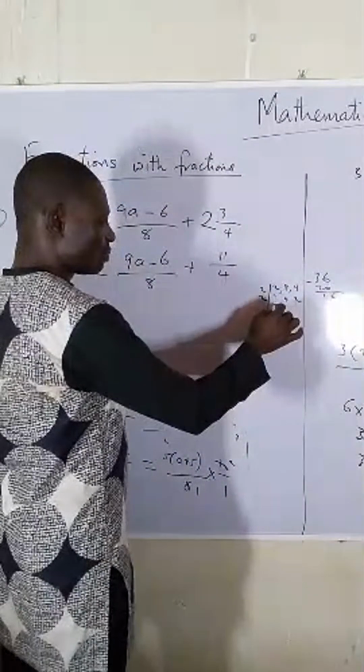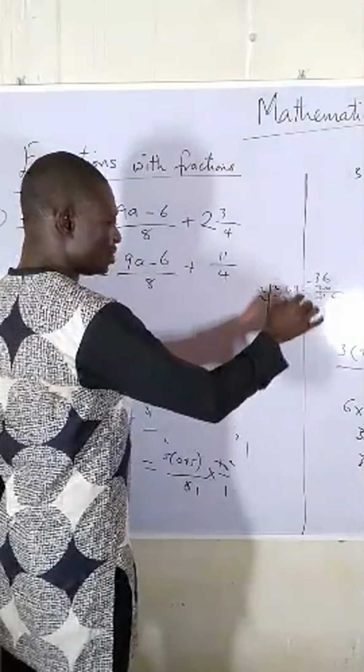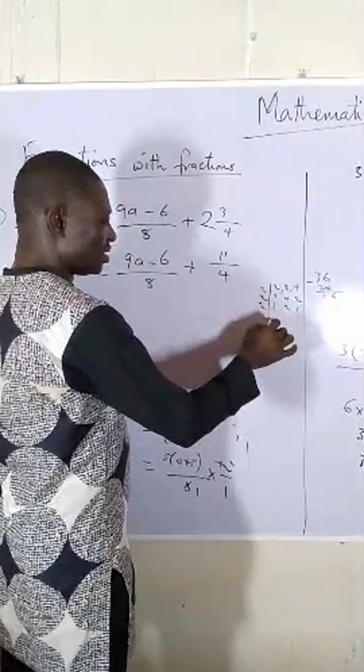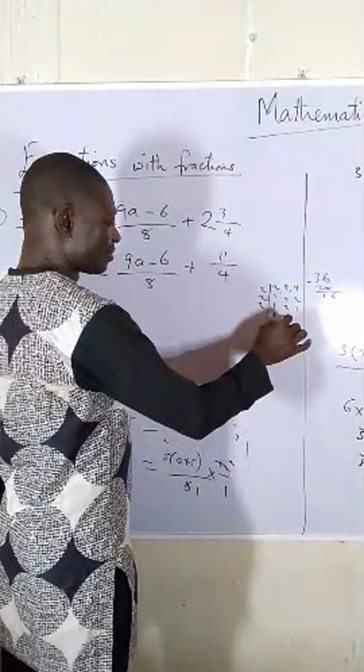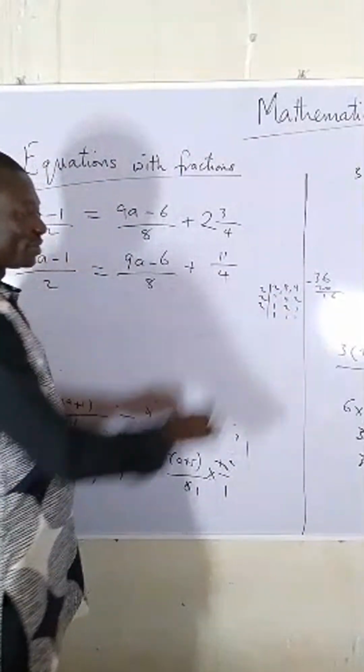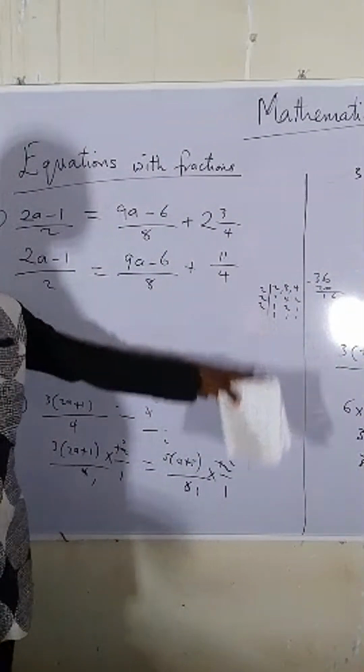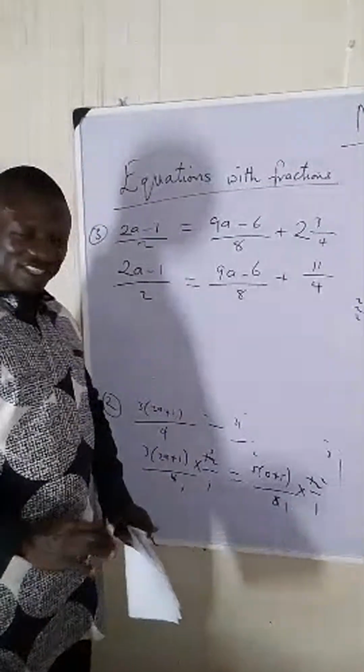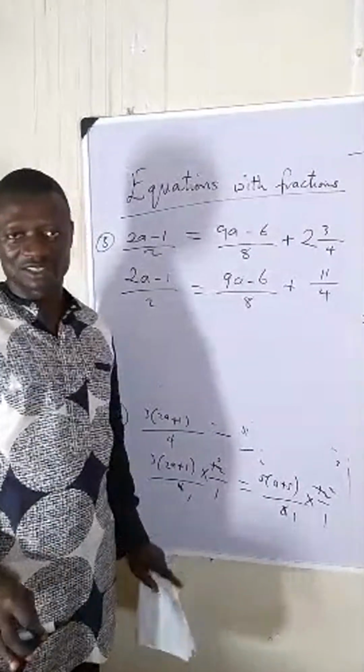Because we have gotten 1, we put 1. This is going to be 2, it's going to be 1. 2 can go again. We bring down 1, 1, 1, showing us we have come to the end. 2 times 2 times 2 is 8. You can see the LCM of the denominators actually is 8.